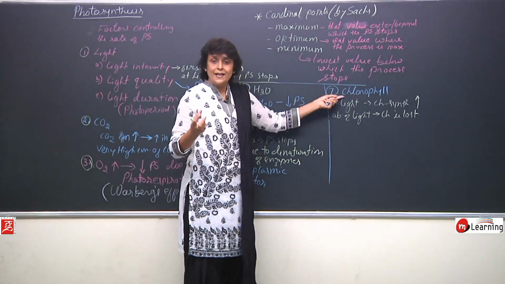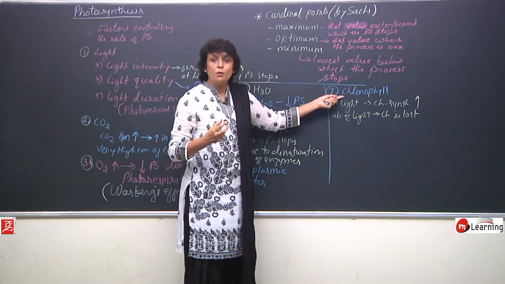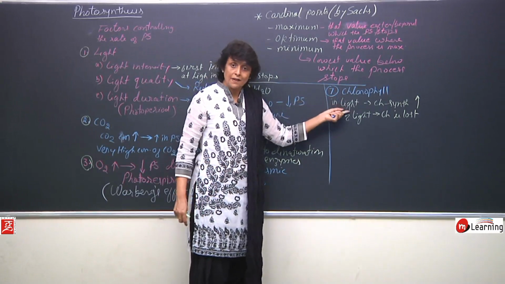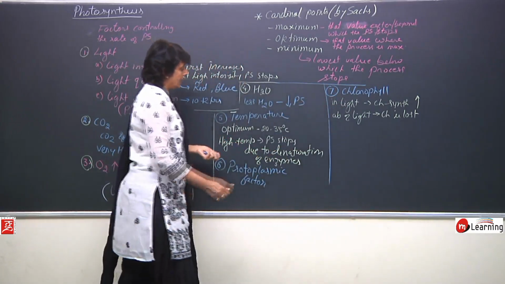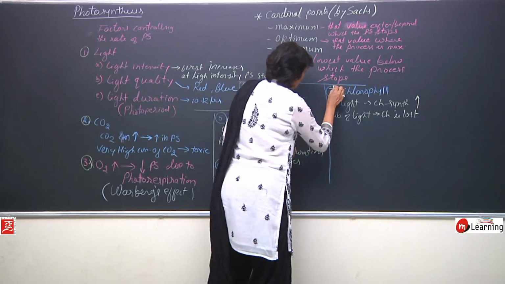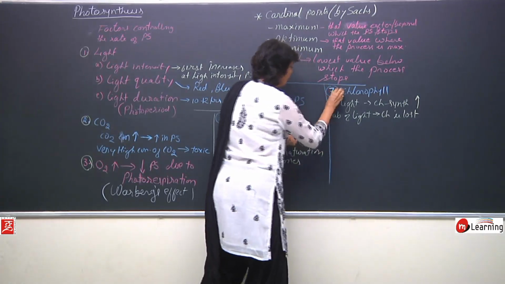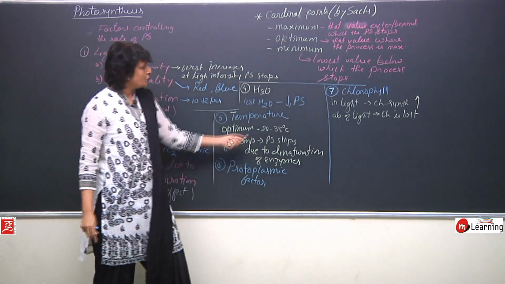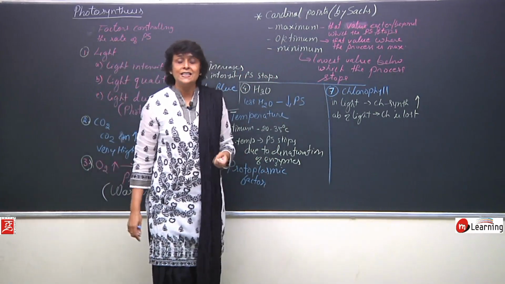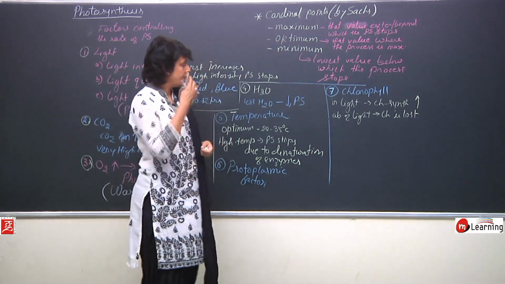So chlorophyll content is variable depending upon the light which is available to the plant. So these two, that is protoplasmic factor and chlorophyll, are the internal factors.